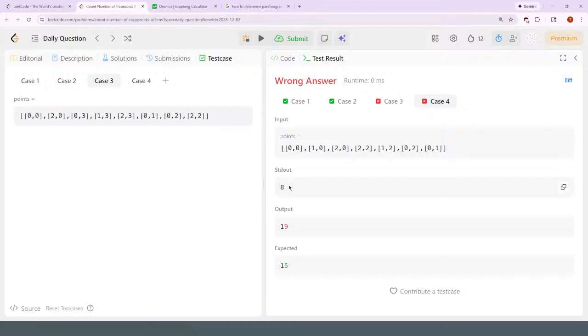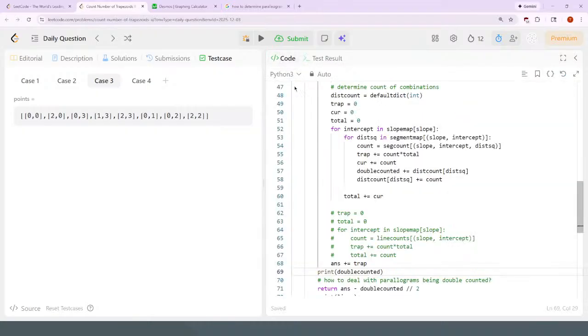No, it prints out 8. So that means it detected 8 instances of parallel lines that were, yeah, that's not right. This should be distance count of distance previous times this current count.